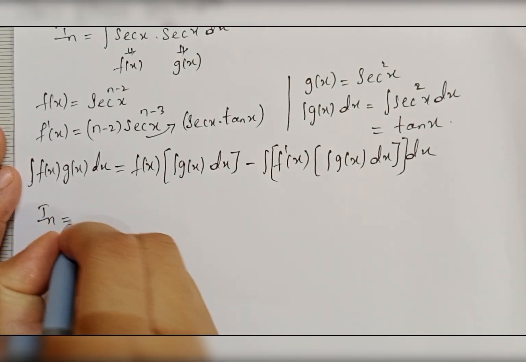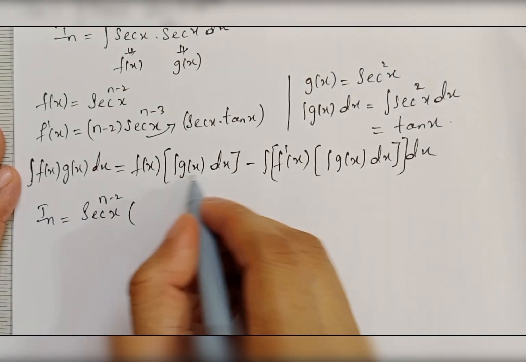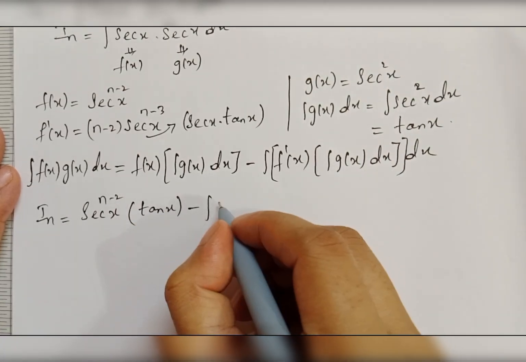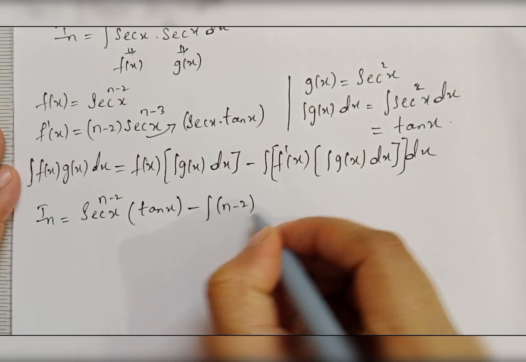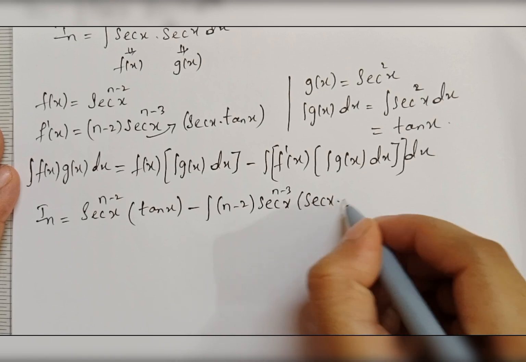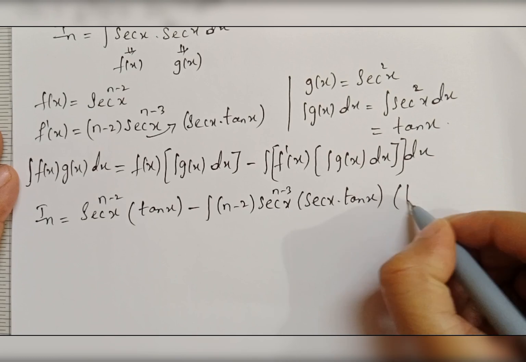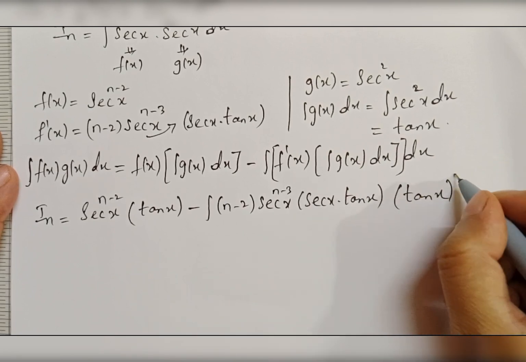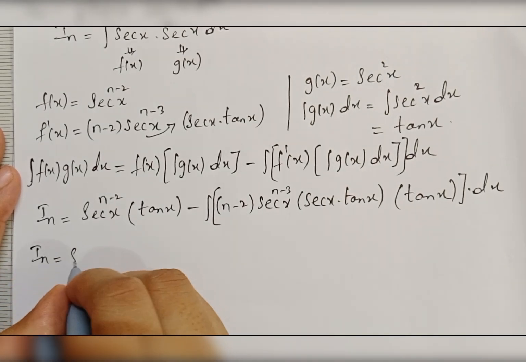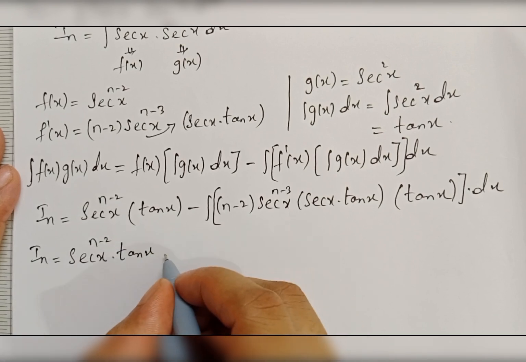I_n is equal to secant x power n minus 2 into tan x minus integral n minus 2 into secant x power n minus 3 into secant x into tan x, and again the integral of g of x, which is tan x, whole dx.